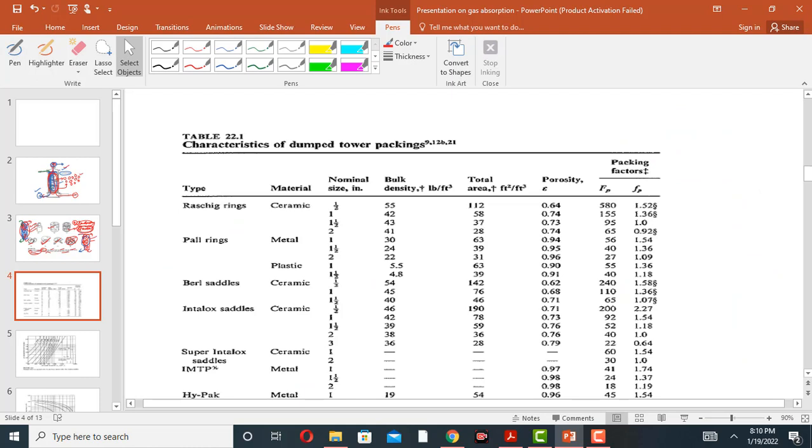Now what are the characteristics of the packing material?